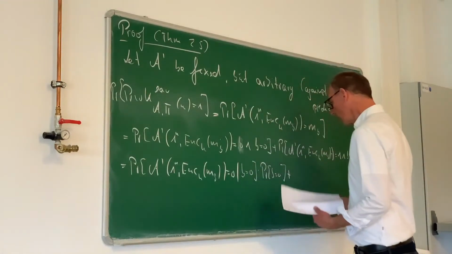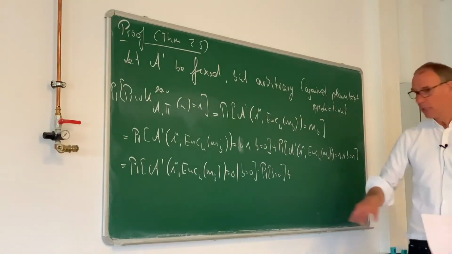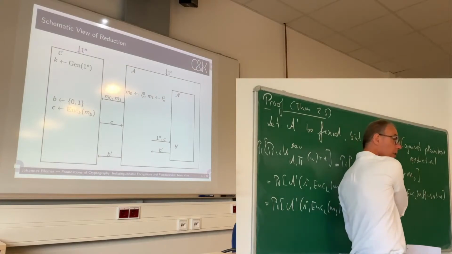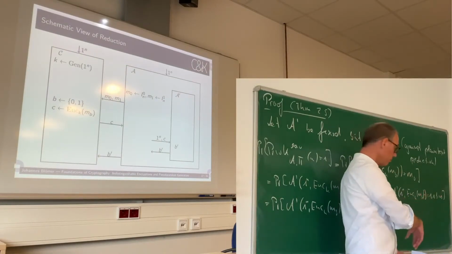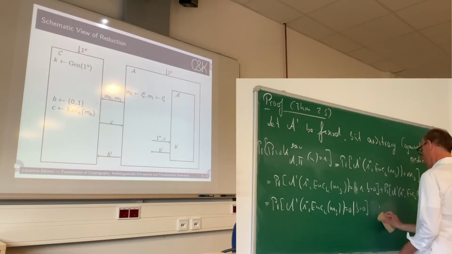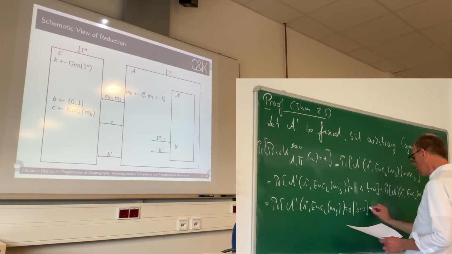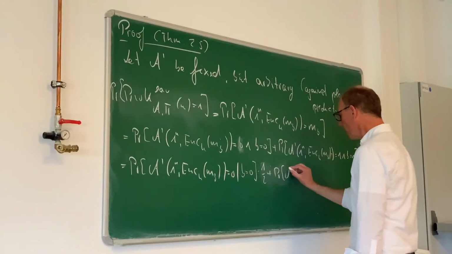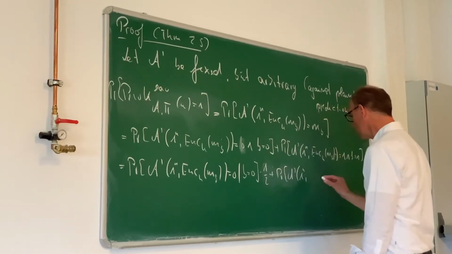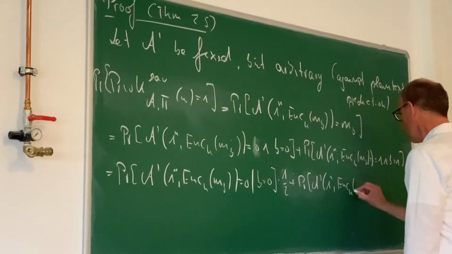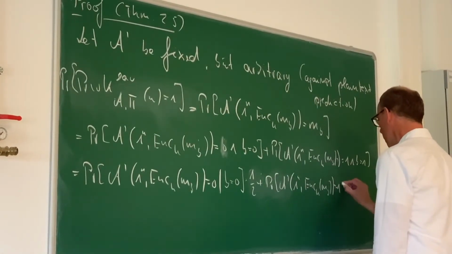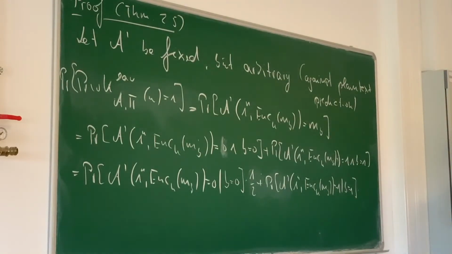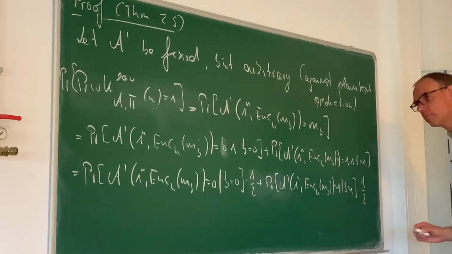We pick the bit B uniformly at random, so this probability is 1/2. And I do the same thing over here: the probability that A prime on input 1 to the n and encryption of K of MB outputs 1, conditioned on B being 1, times the probability of B being 1, which is 1/2.